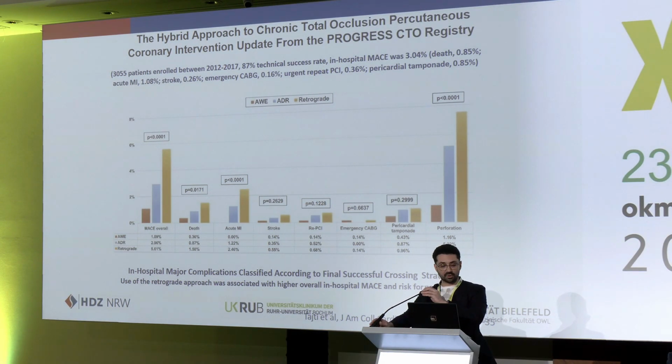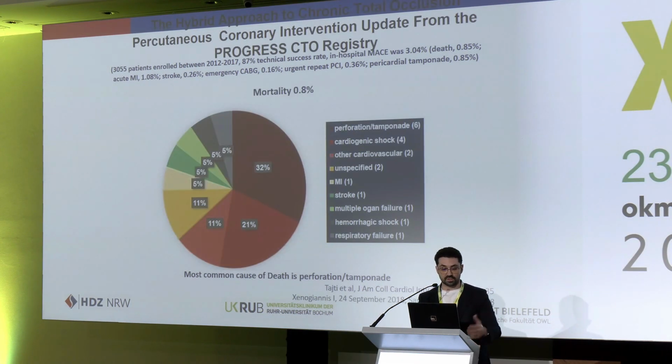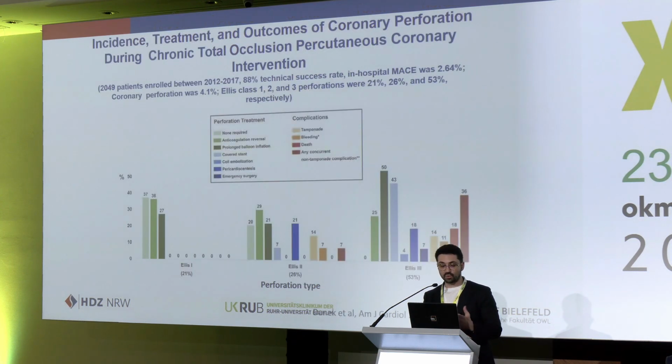I don't think that retrograde CTO PCI is more risky than antegrade CTO PCI, it depends on the case. But of course, if you have to go retrograde, that means cases are always more complex, with a higher J-CTO score. Mortality you get due to cardiogenic shock or perforation, cardiac tamponade, so we should avoid that.